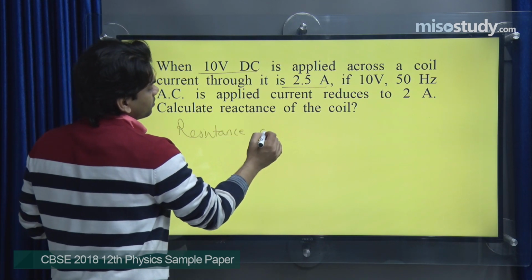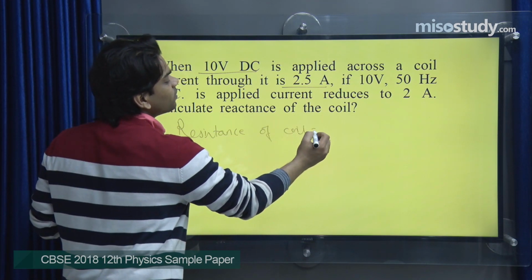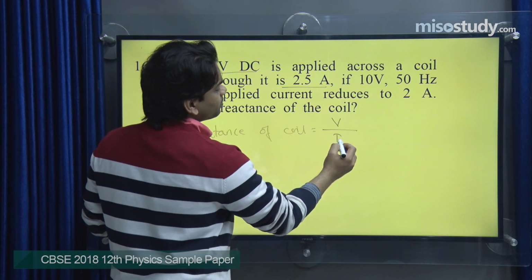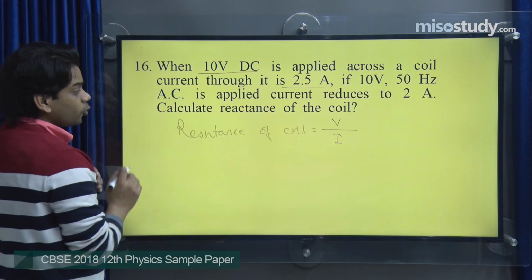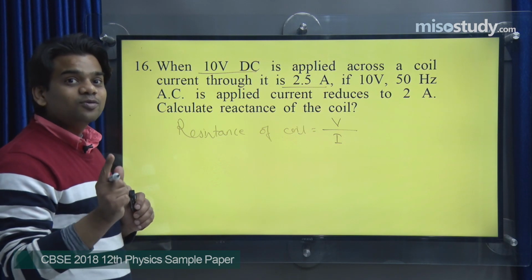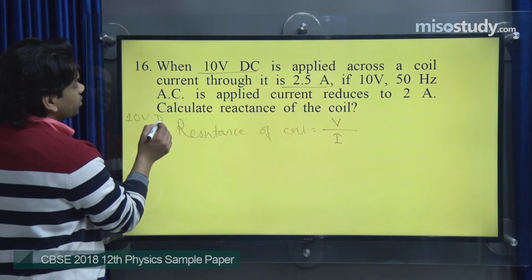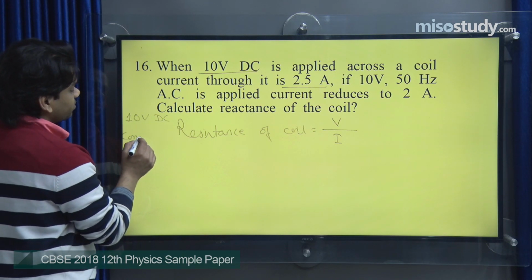Resistance of the coil will be, simply, we know it's V by I. You also have to mention that this is for the 10 volt DC connection. So I am writing 10 volt DC connection.